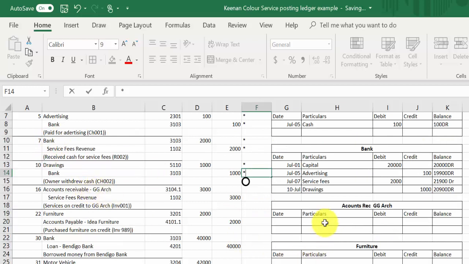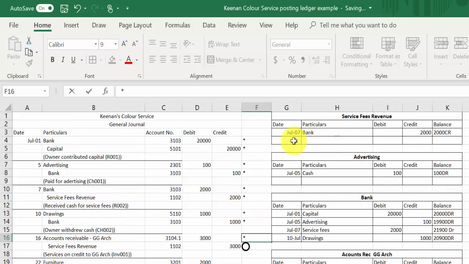This next entry, accounts receivable GG Arch, happened on the 16th of July. It related to service fees. You can see that I should debit that amount. So the balance that that person owes me is that amount. I've done that item there, and I've got to record the service fee revenue. So I need to go up to my service fee revenue account up here, 16th of July.